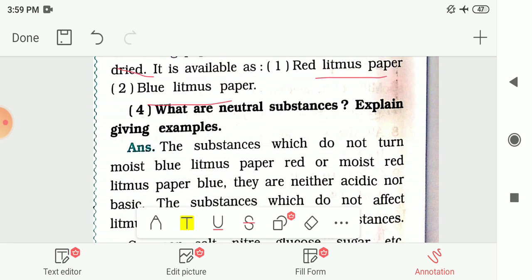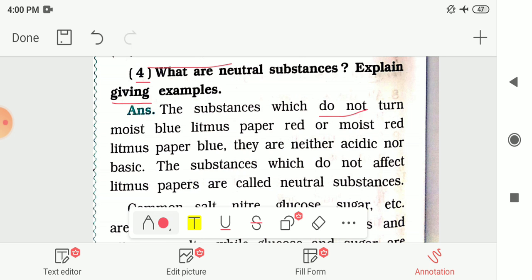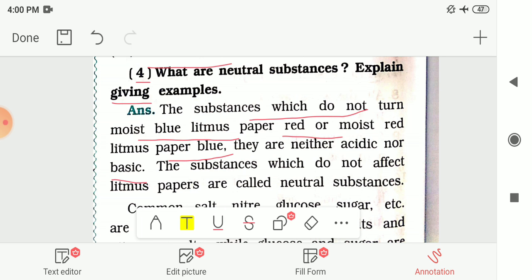Next, fourth number is what are neutral substances, and explain giving examples. The substances which do not turn blue litmus paper red or red litmus paper blue are neither acidic nor basic.